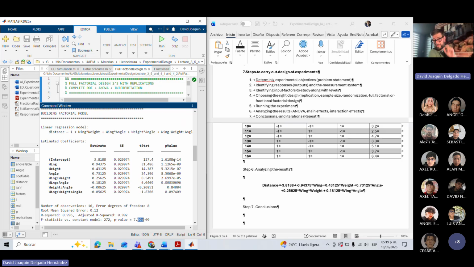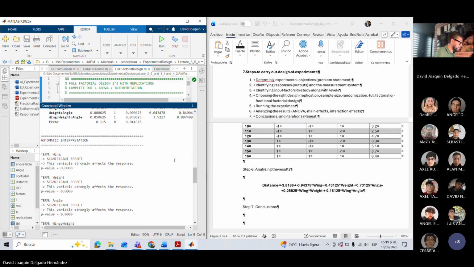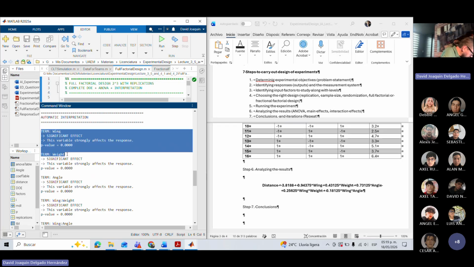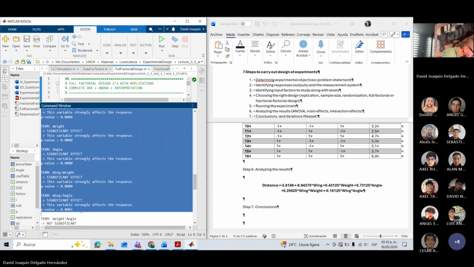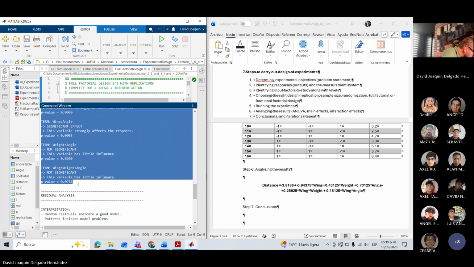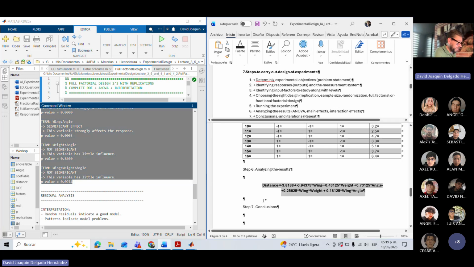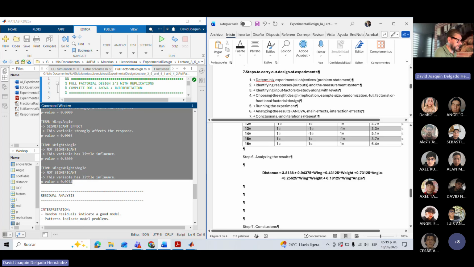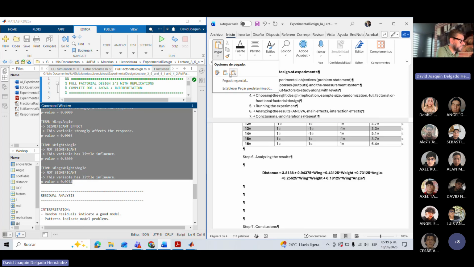So it is zero practically. What else? So I am going to put this interpretation here. Let us put this interpretation in the results analysis. So let me paste.